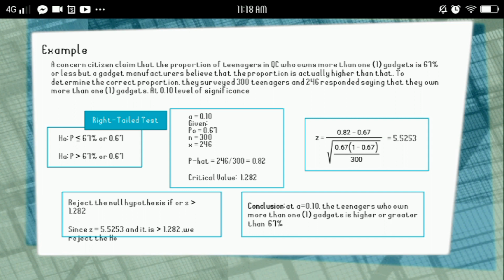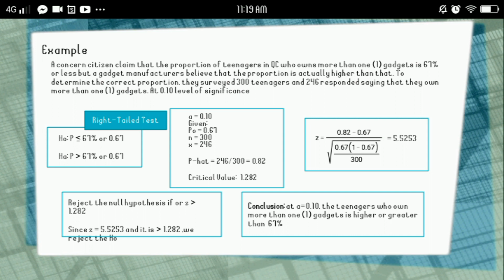So, step 3, solve na natin. 0.82 minus 0.67 divided by the square root of 0.67 multiplied by the difference of 1 minus 0.67 and then divided by 300. So, we calculate 5.5253. So, step 4, reject the null hypothesis if Z is greater than 1.282.